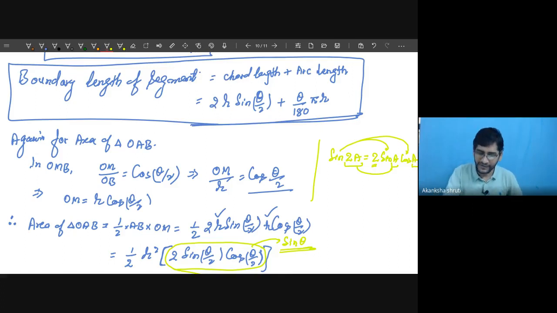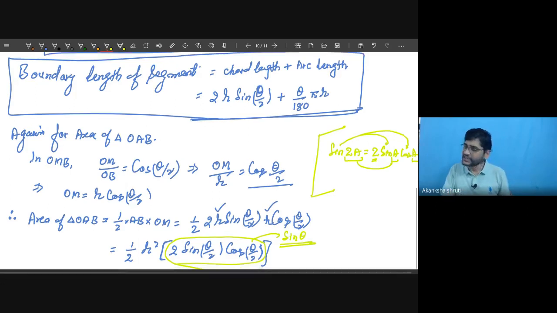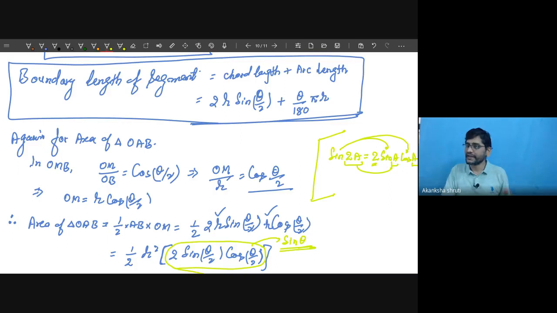So this formula we have used here. Or otherwise, by knowing theta, calculate theta by 2, then sine and cos, multiply them together, you will get the same thing. You can even verify this.